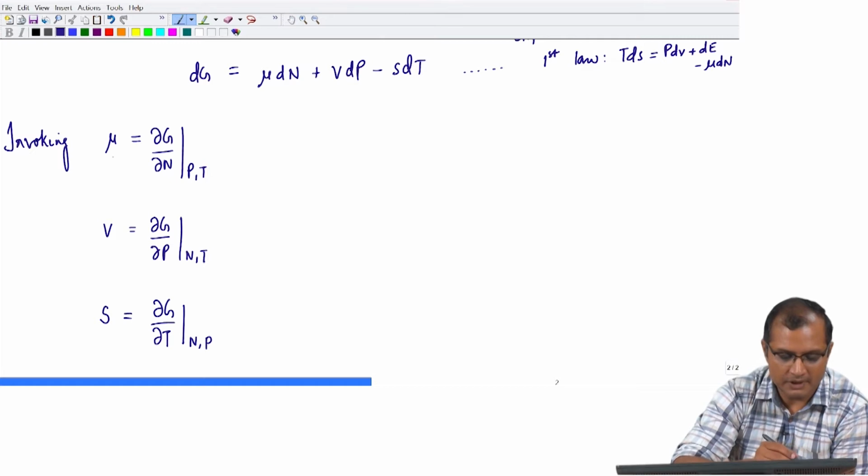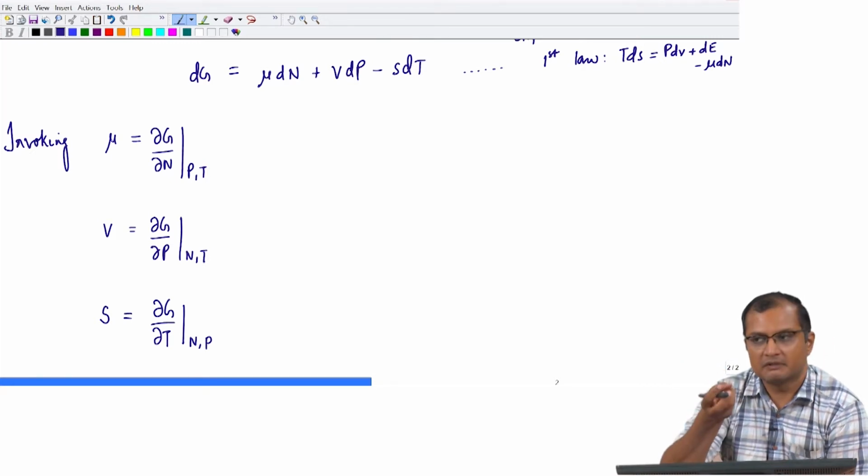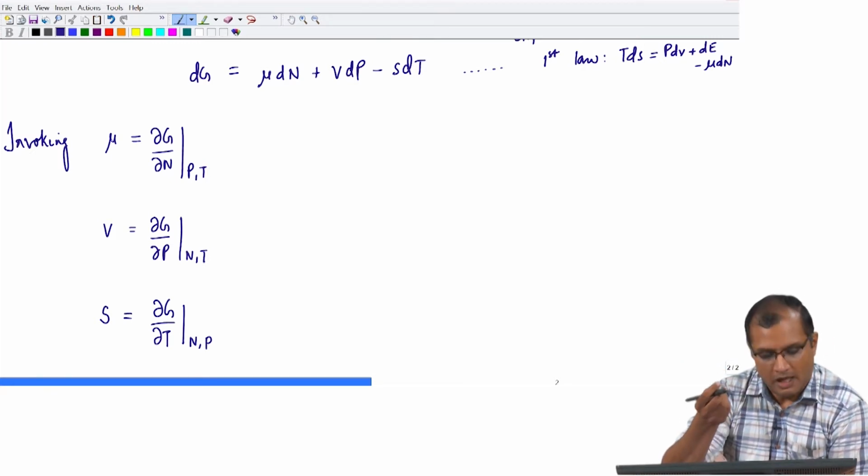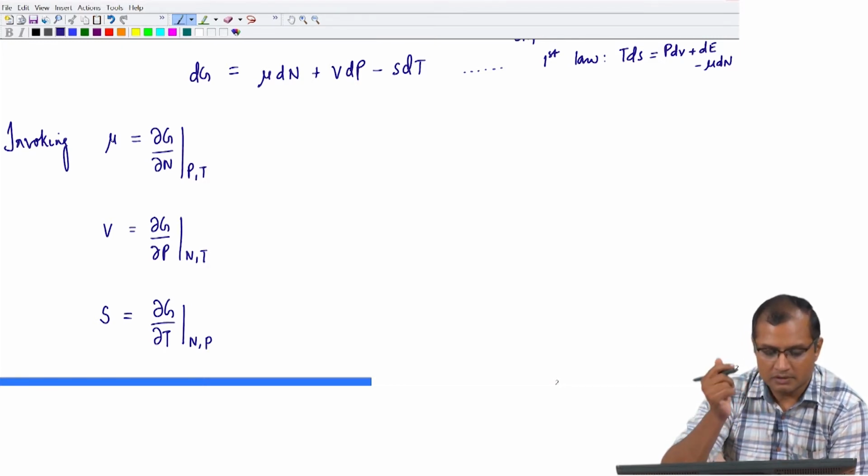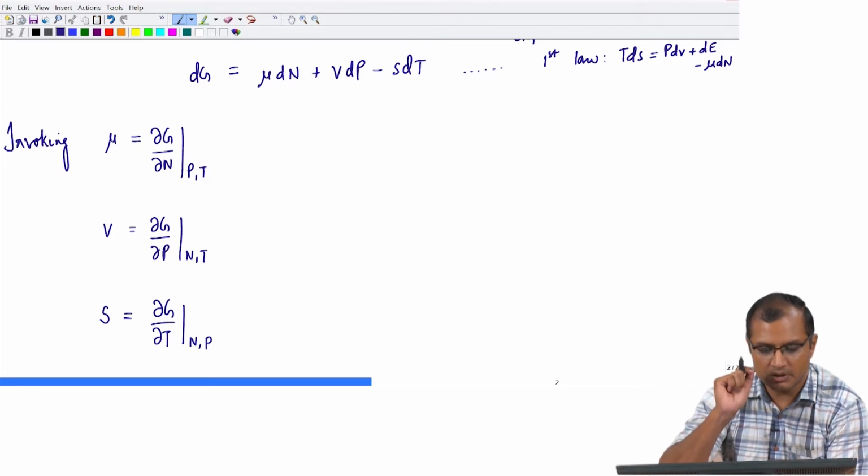So, you can compute these three thermodynamic variables easily. I am going to compute only one and leave the others as homework. Okay. So, I am going to demonstrate how to compute one of them.